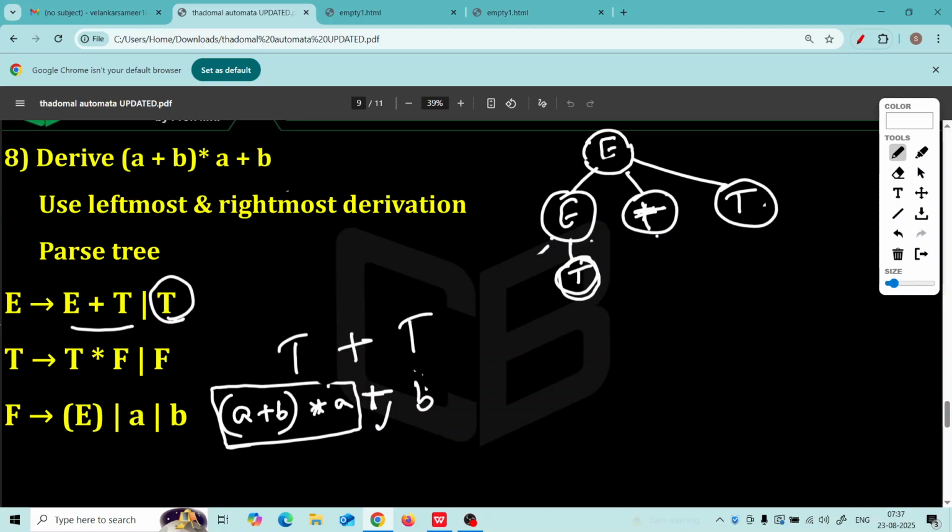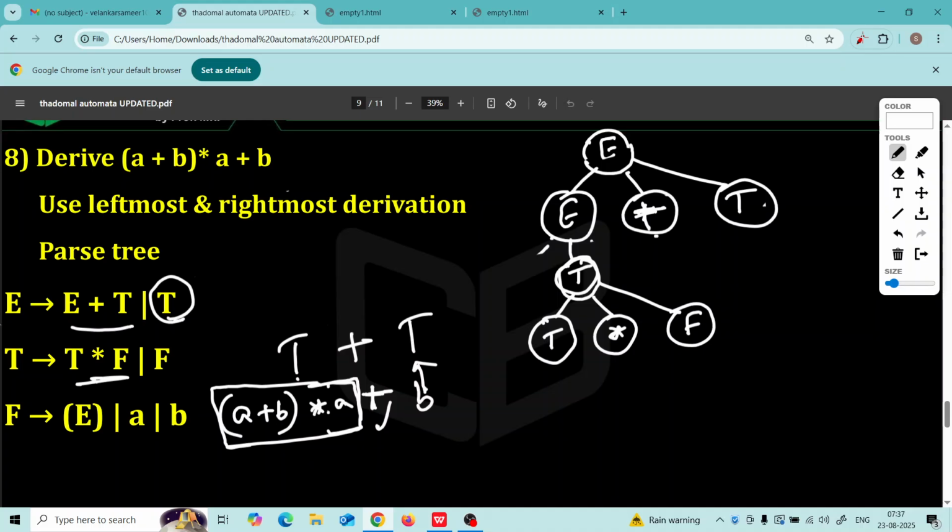Somehow this portion should be given by T and B should be given by T. Okay, let's see T. T gives T into F. Okay, I will then write T gives T into F. Fantastic. And now you watch, T next time gives F. T gives F. And you watch, F gives bracketed E. How will you write? Come on, come on. How will you write? F gives bracketed E.